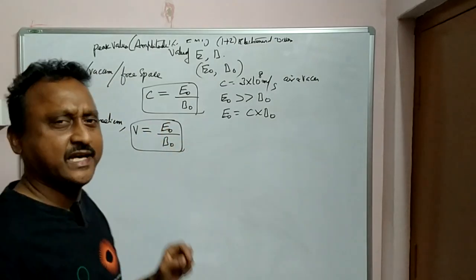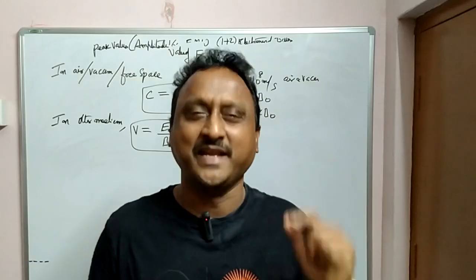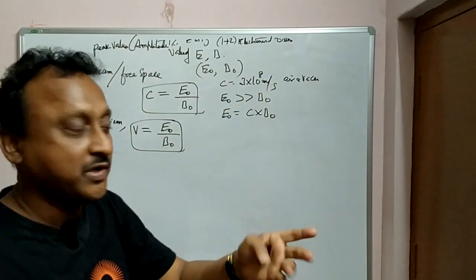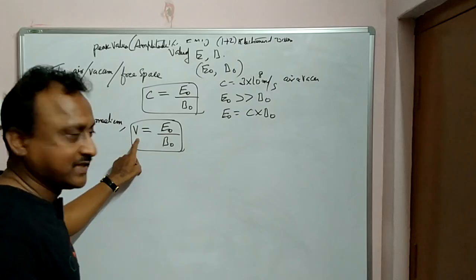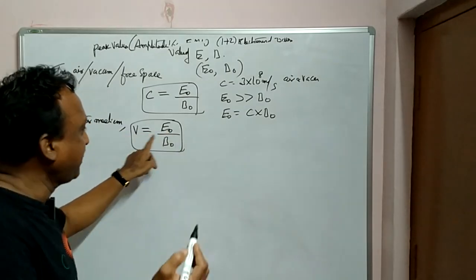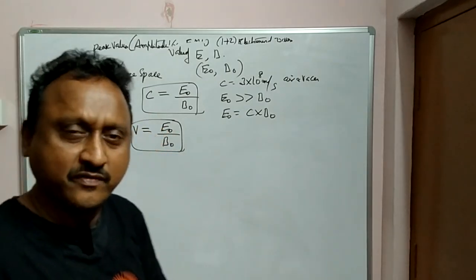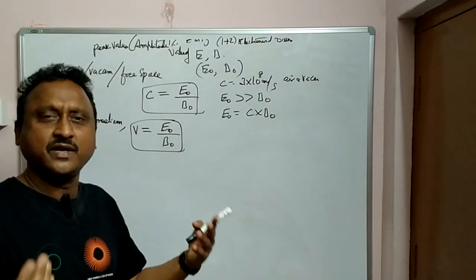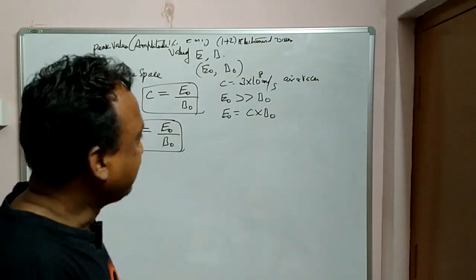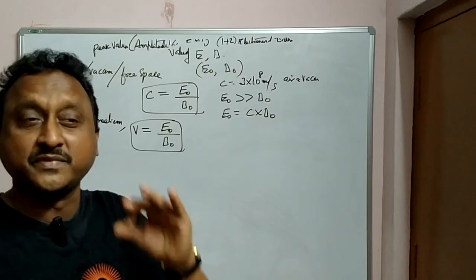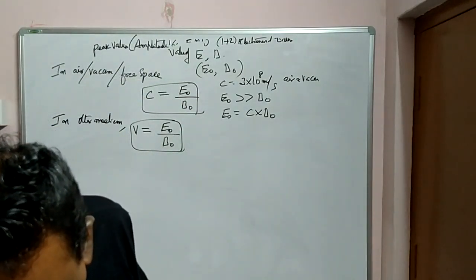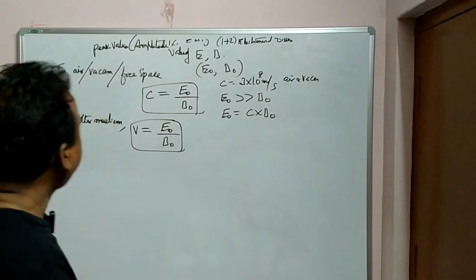This v is the speed of light in any other medium. You have to take this formula when it is not air, vacuum or free space, where E0 is the peak value of the electric vector and B0 is the amplitude of the magnetic vector. Clear? These are used in numerical problems, very very important. Please note down.